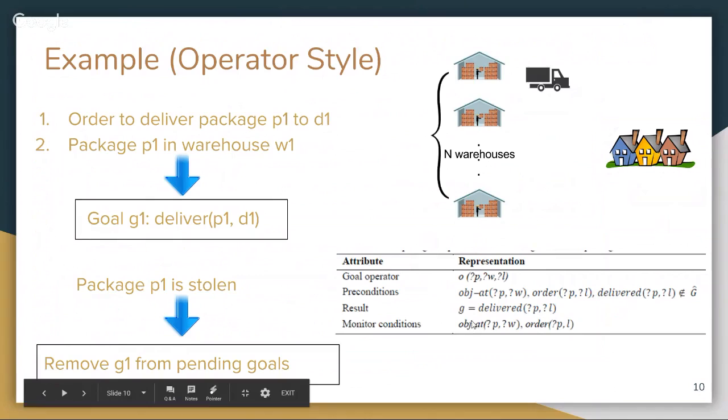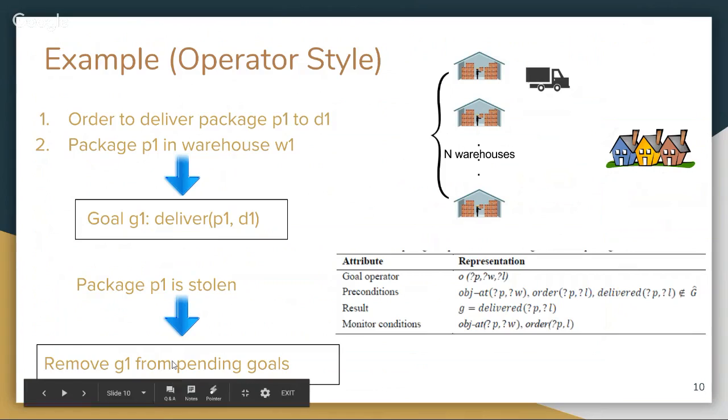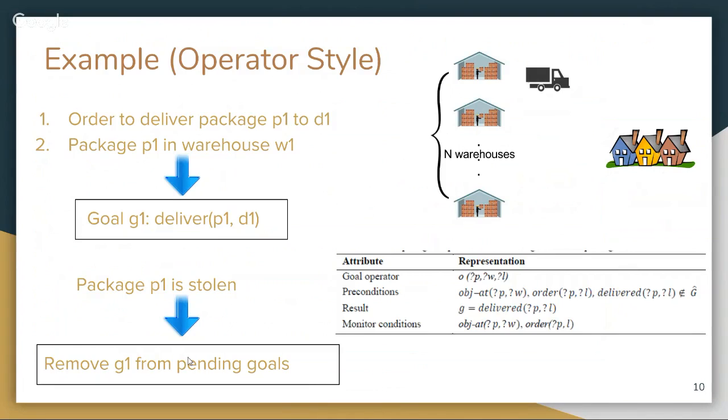We monitor those conditions, that an object exists in the warehouse and an order exists. See here, this is an example of package P1 that has to be delivered to D1, and this package exists in the warehouse, so this goal is generated. But when package 1 is stolen, the goal monitors in interpret will remove that goal from the set of pending goals.